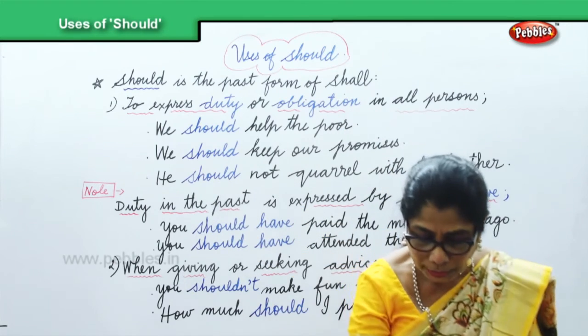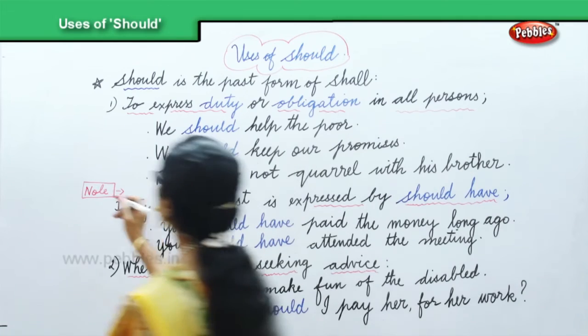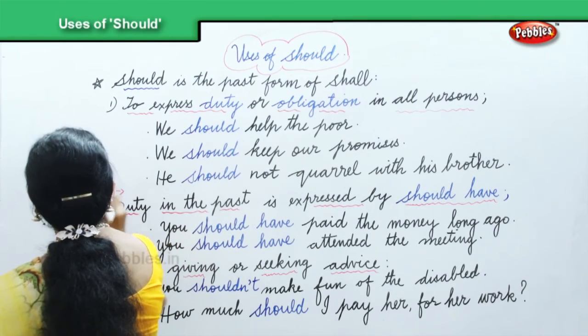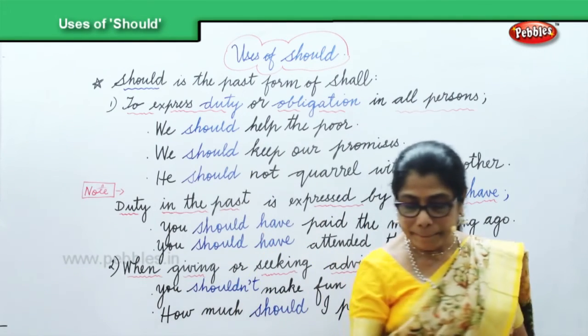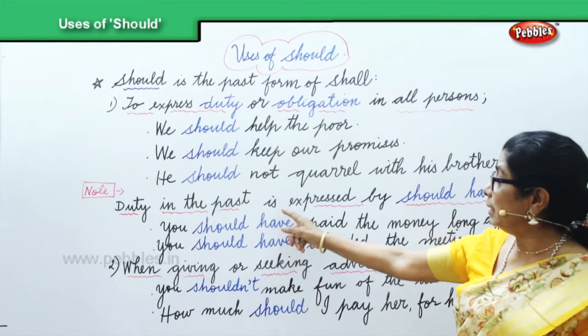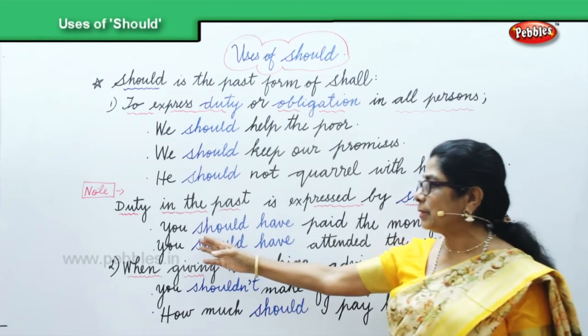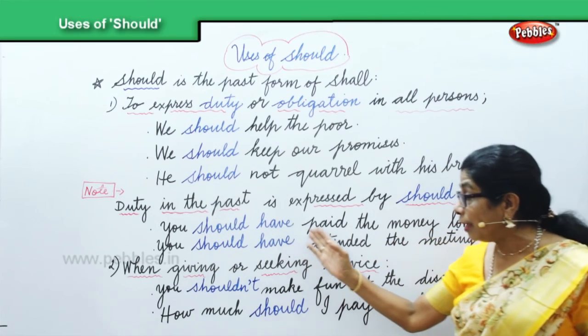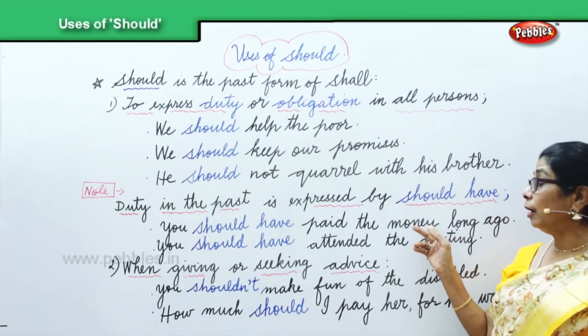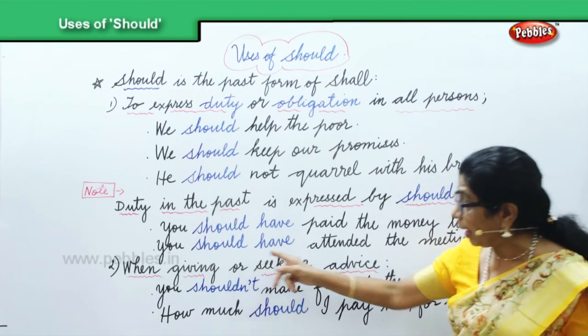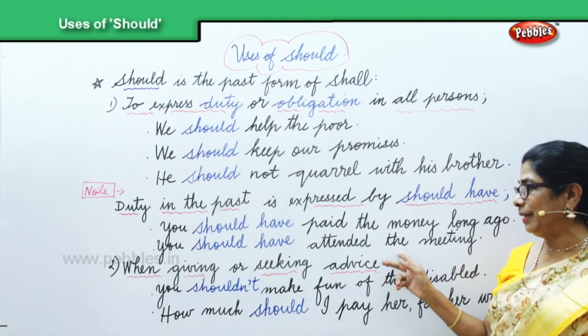We have to note something here. Duty in the past is expressed by should have. So look at the 2 sentences here. You should have paid the money long ago. You should have attended the meeting.